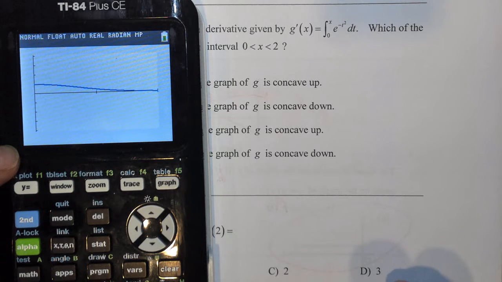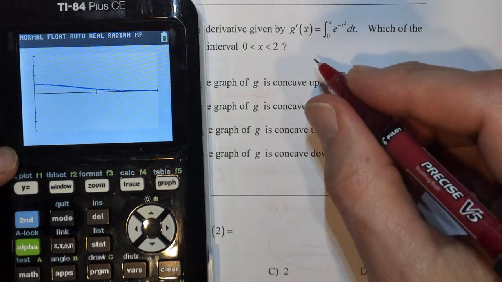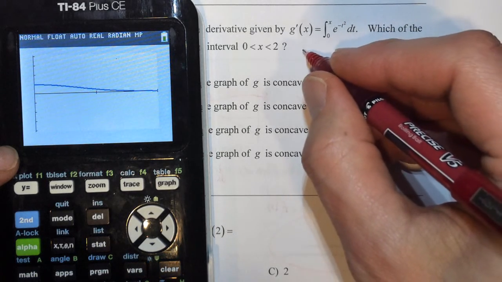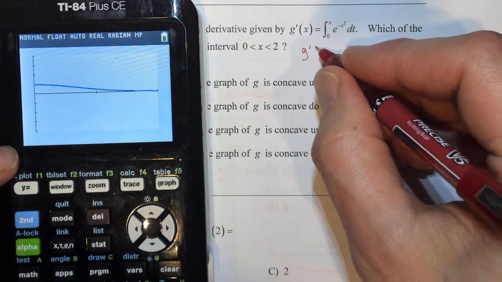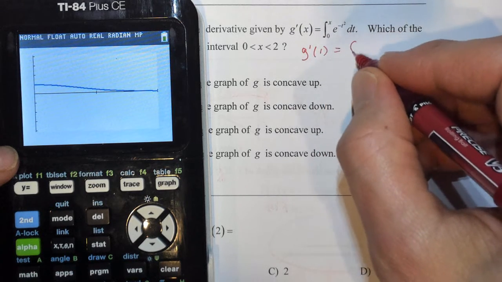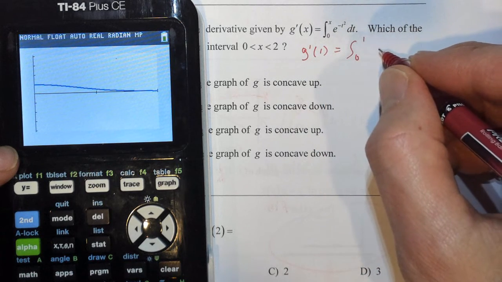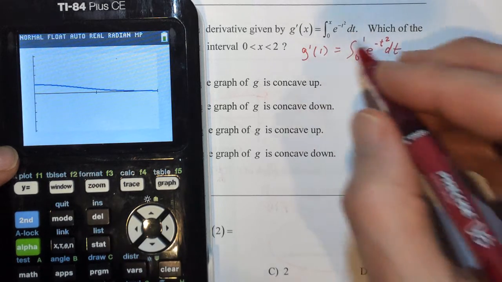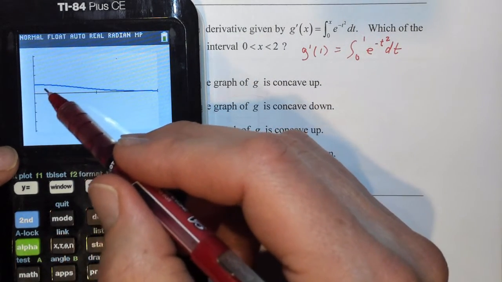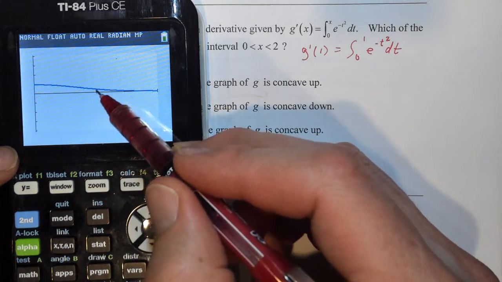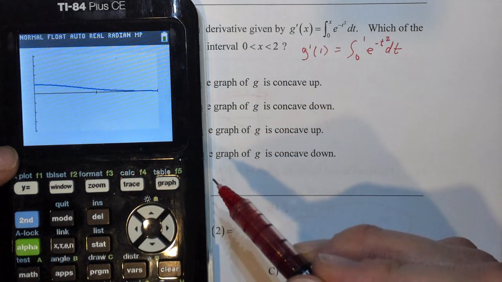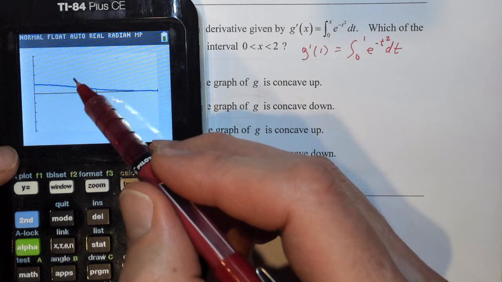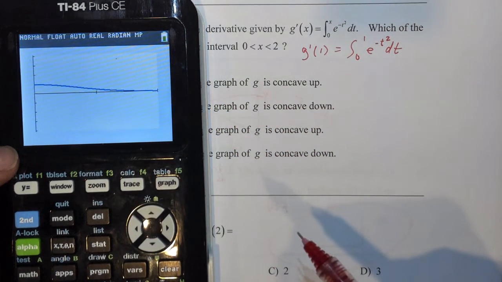Now when I'm going to g prime, whether I want g prime of 1, which would be the integral from 0 to 1 of e to the negative t squared dt, that's just going to add up all the area under the curve, but the area is going to be positive, because the region is above the x-axis.